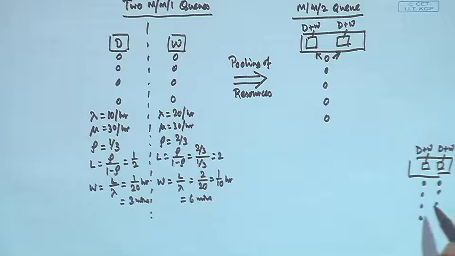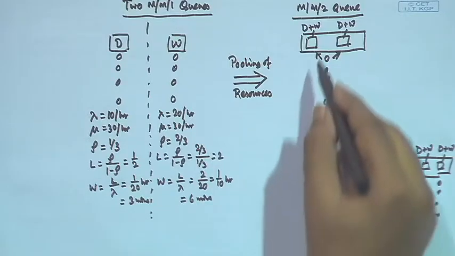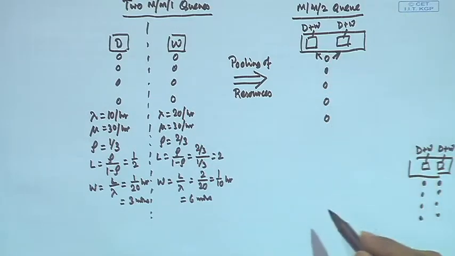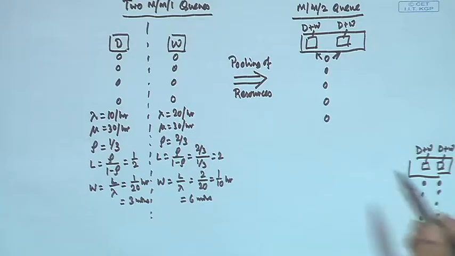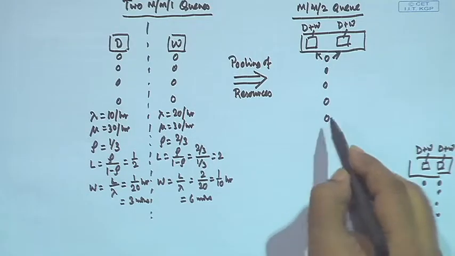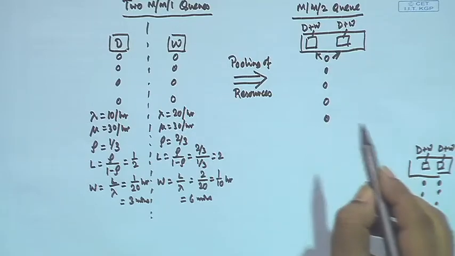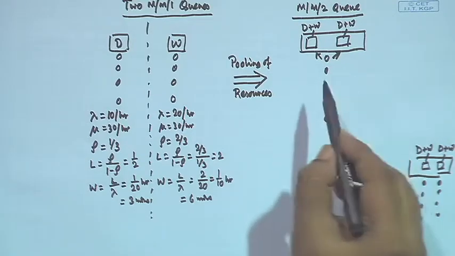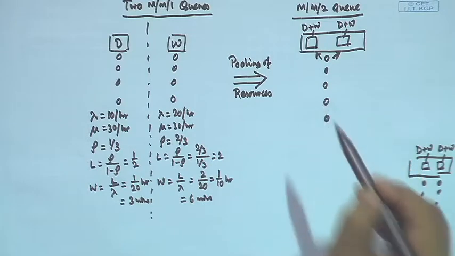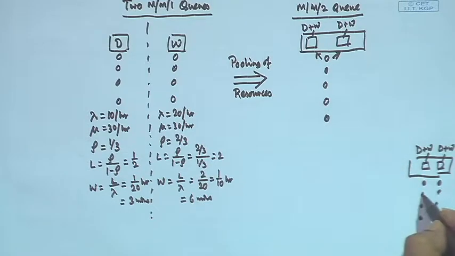So, in a way, it is as if there is a single queue, only the queue discipline may be different, because things are different as far as an individual customer is concerned. Here the person knows that so many people are before me, but here this person knows only one person is before me, and I can get my service once the previous service is over.